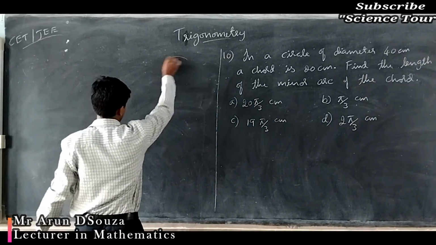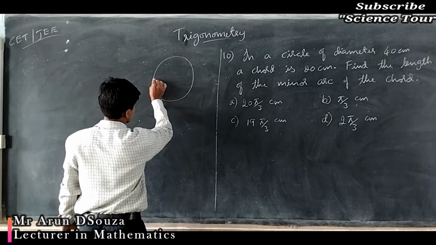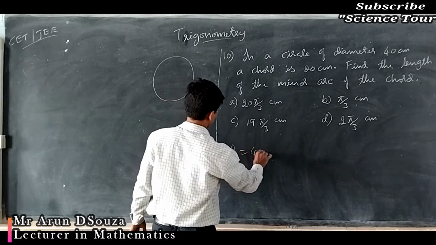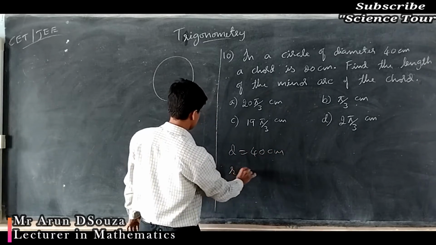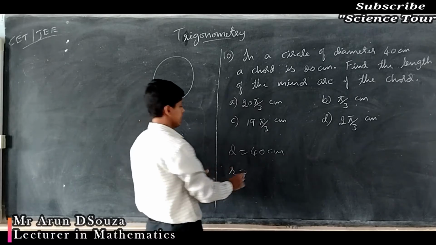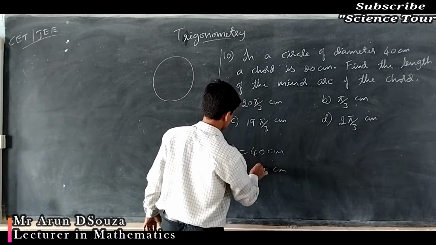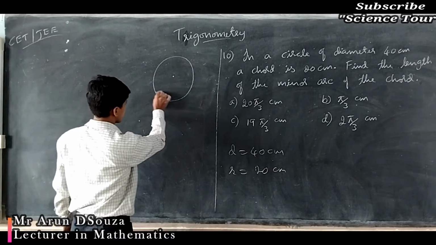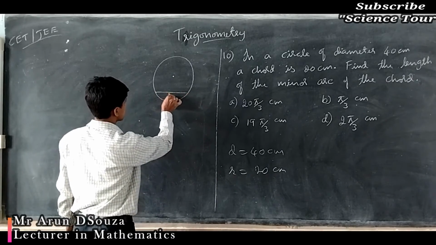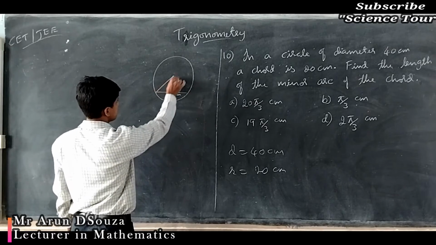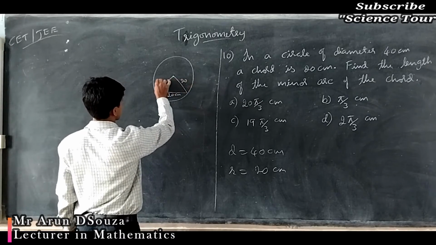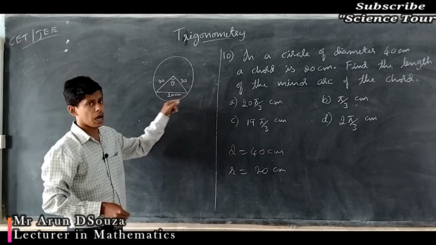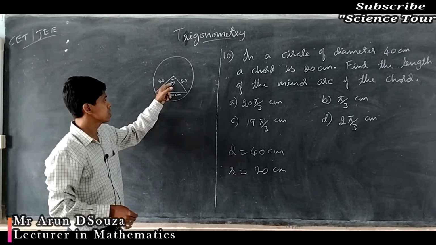So you have got a circle whose diameter is 40 centimeter. That means what is its radius? Half of the diameter, right? So that is 20 centimeter. So radius is 20 centimeter, and there is a chord of length 20 centimeter, okay, and the radius is also 20 centimeter. Therefore what is the angle subtended by the arc, all right, at the center?